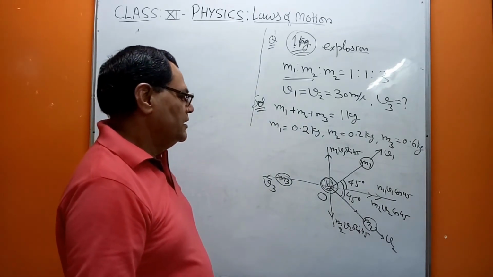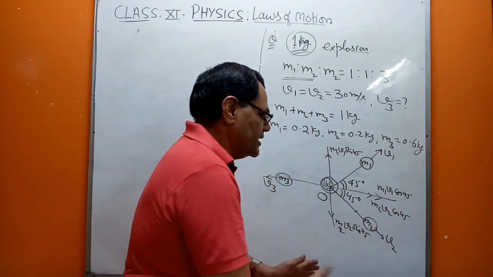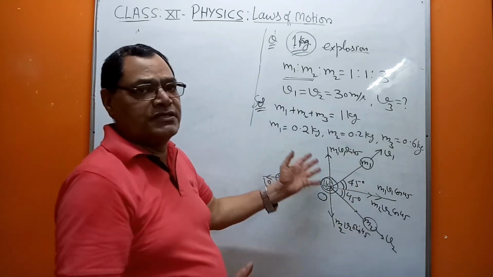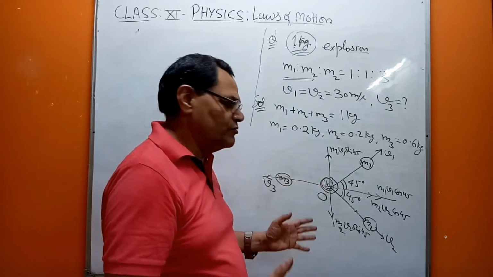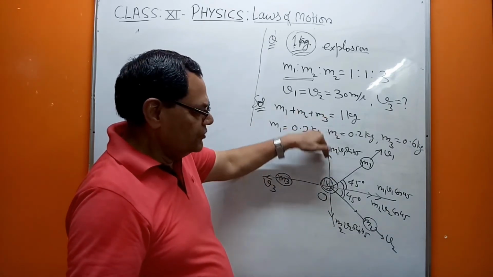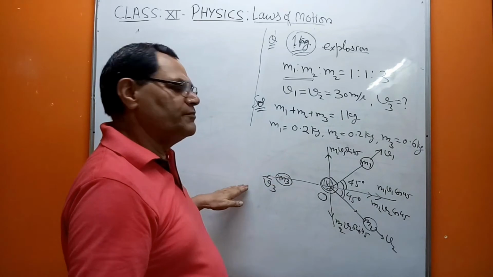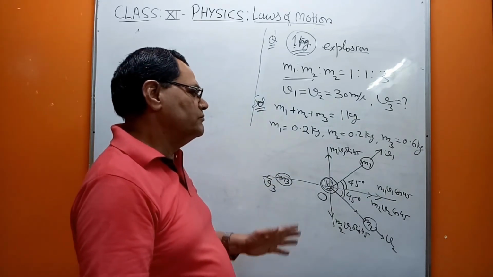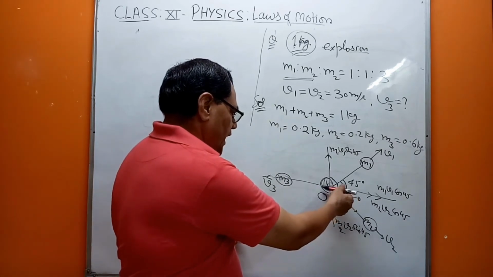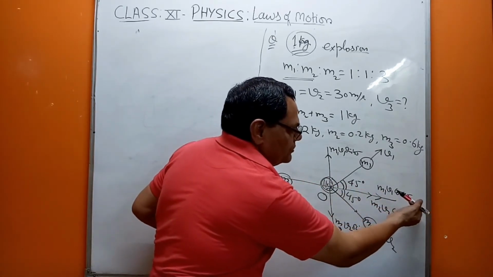Now, when the explosion took place, the system is in equilibrium, because it is based on the law of conservation of momentum: the upward vector should be equal and opposite to this, and this horizontal should be equal and opposite to this. So we can form the two equations. Basically, this m3 v3 momentum should be equal to this.